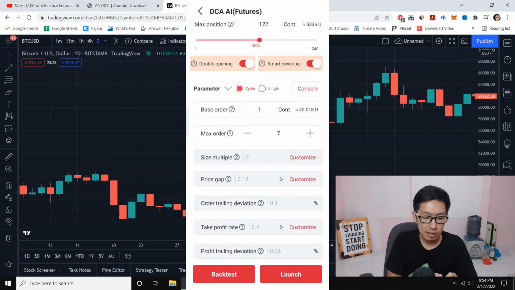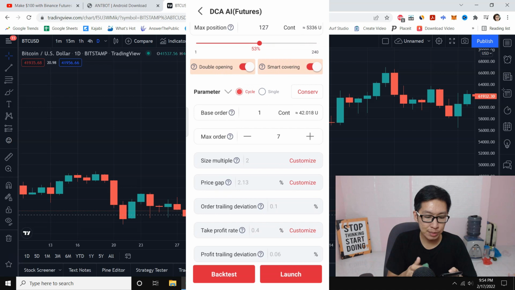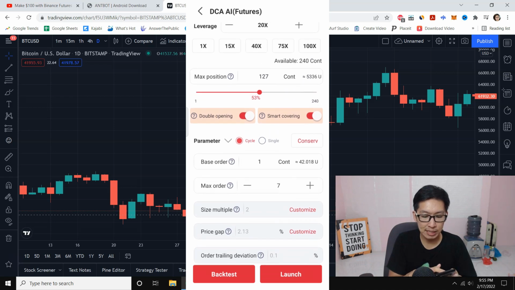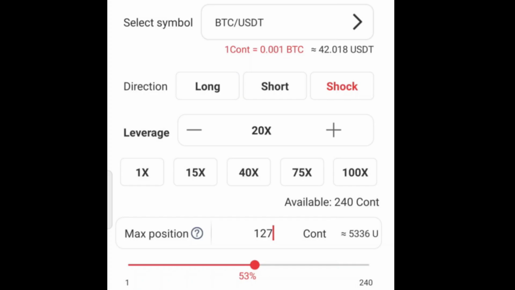And then max order here, this is kind of like margin call. Max position and max order, I think, are different. Remember, guys, max position is the amount that you have for this coin, the amount of money that you are willing to put in at max. Just now I showed you it is 127, right? So 127 cons, meaning 127 multiplied by the con.